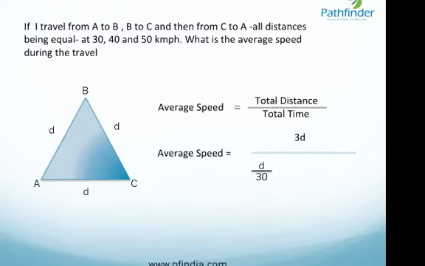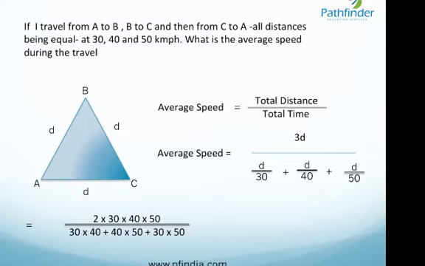That is d by 30, plus what is the time required for segment BC? That is d by 40, plus the time required for segment AC, that is d by 50. And on simplifying this, we will get 3 into 30 into 40 into 50 divided by 30 into 40 plus 40 into 50 plus 30 into 50. And on simplifying this further, we'll get 1200 divided by 47 kilometer per hour.